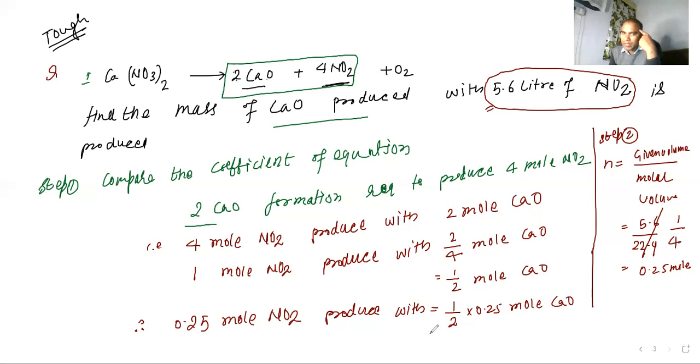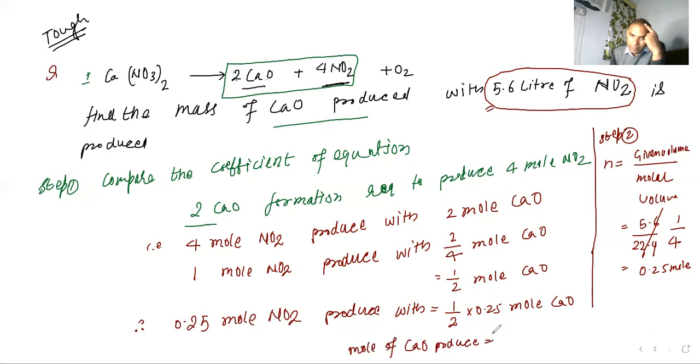Yes or no? Okay, so here they are asking for CaO, and that is how many moles we are getting here. The mole of CaO produced will be 0.25 by 2.